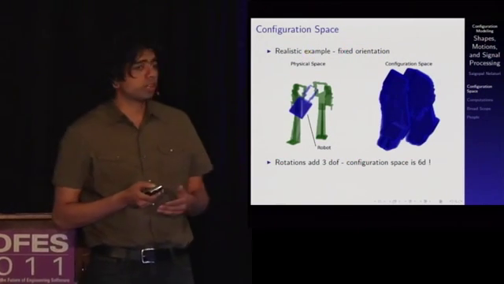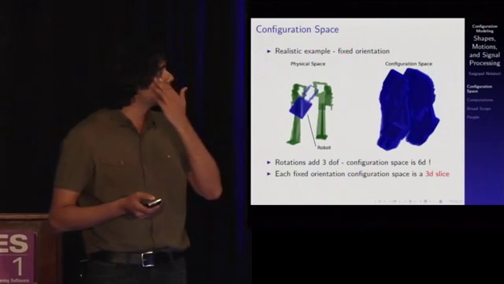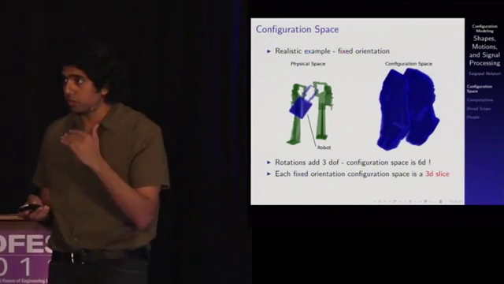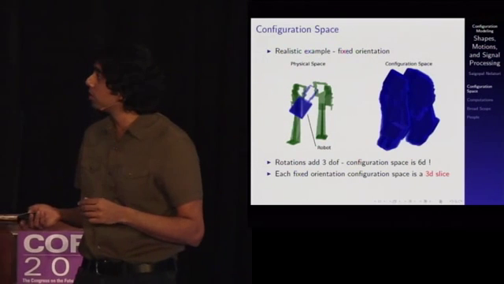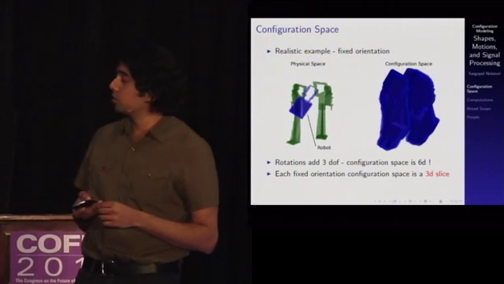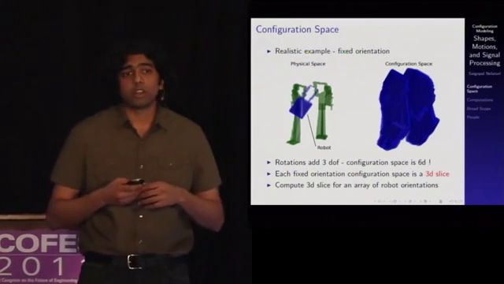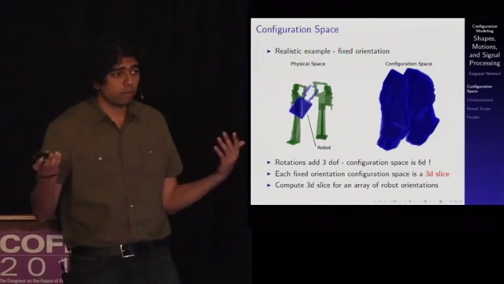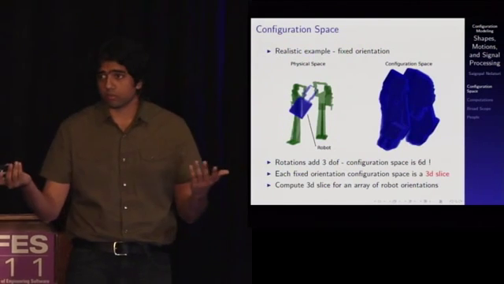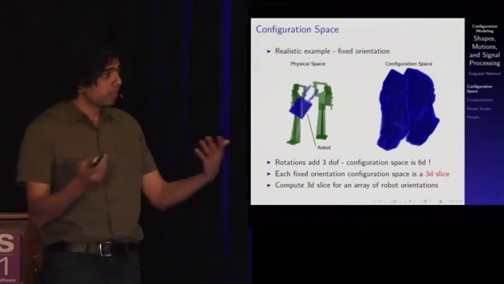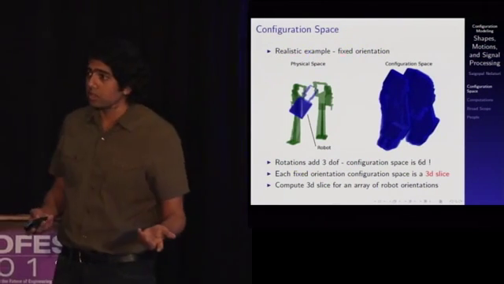The way we approach it is we compute these fixed orientation configuration spaces for each orientation of the robot. We call each of these fixed orientation spaces a 3D slice. And we iteratively do this over an array of robot orientations and assemble it together and compute the entire 6D configuration space. So now the central question becomes, how do you compute these 3D slices?